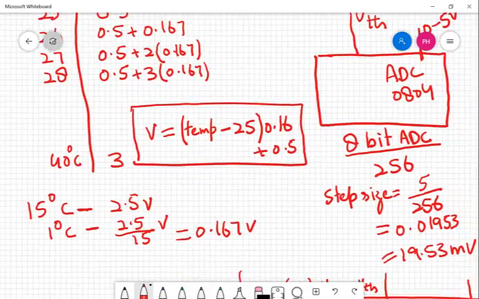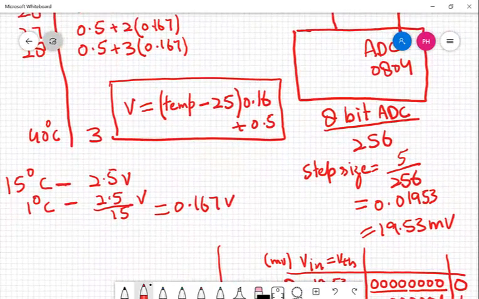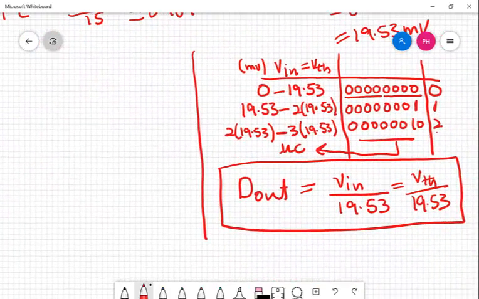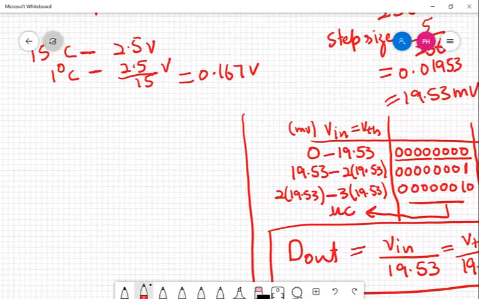So we have two equations now. One equation relates our voltage, VTH, the output voltage from the signal conditioning, to the temperature, and then we have another equation, the relationship between output of ADC and the input of ADC, that is VTH.